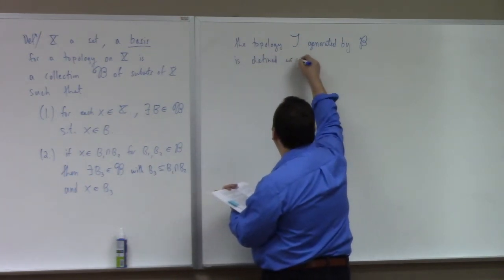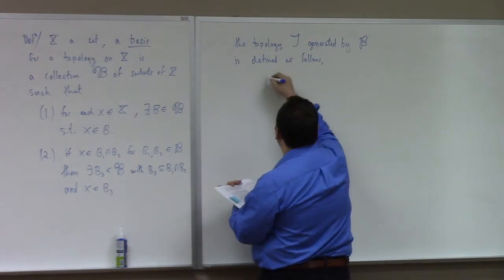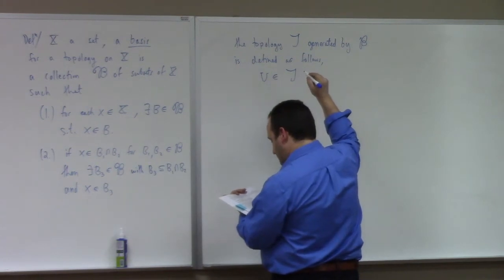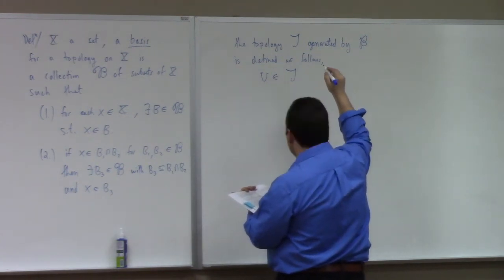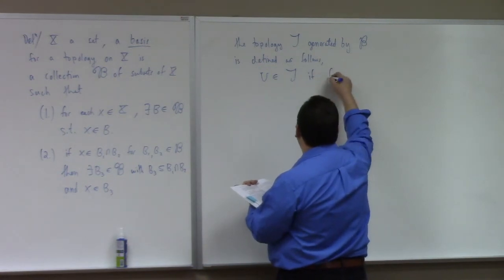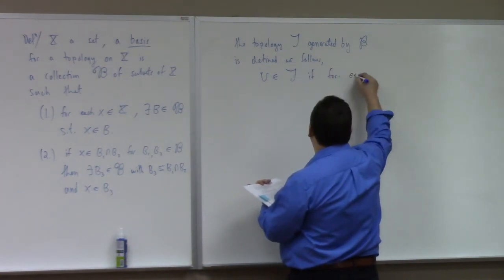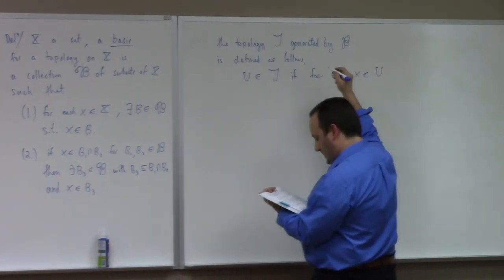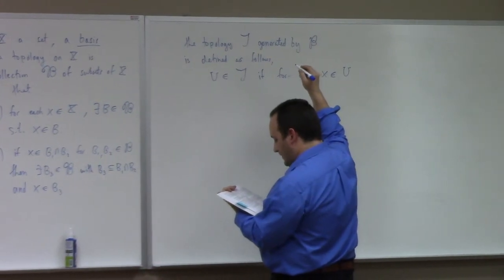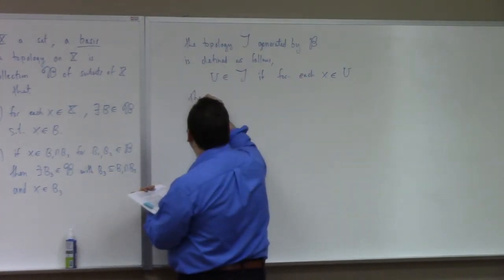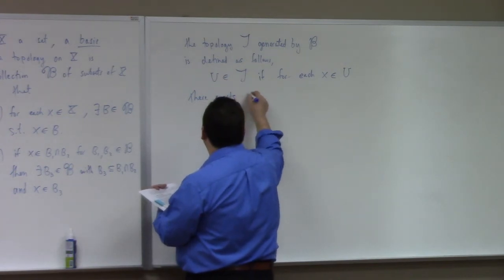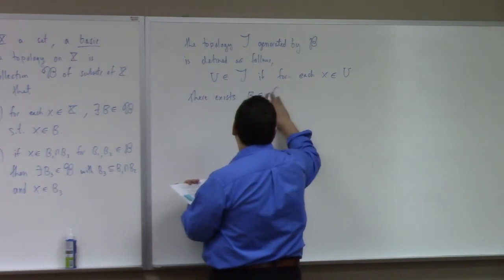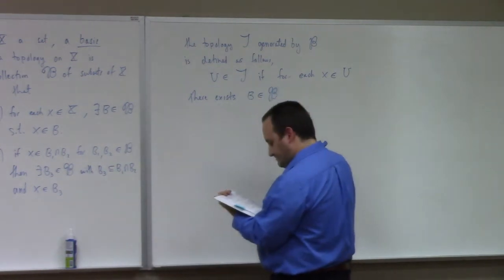U is an element of this topology if, for each x in U, there exists B in the basis such that what?